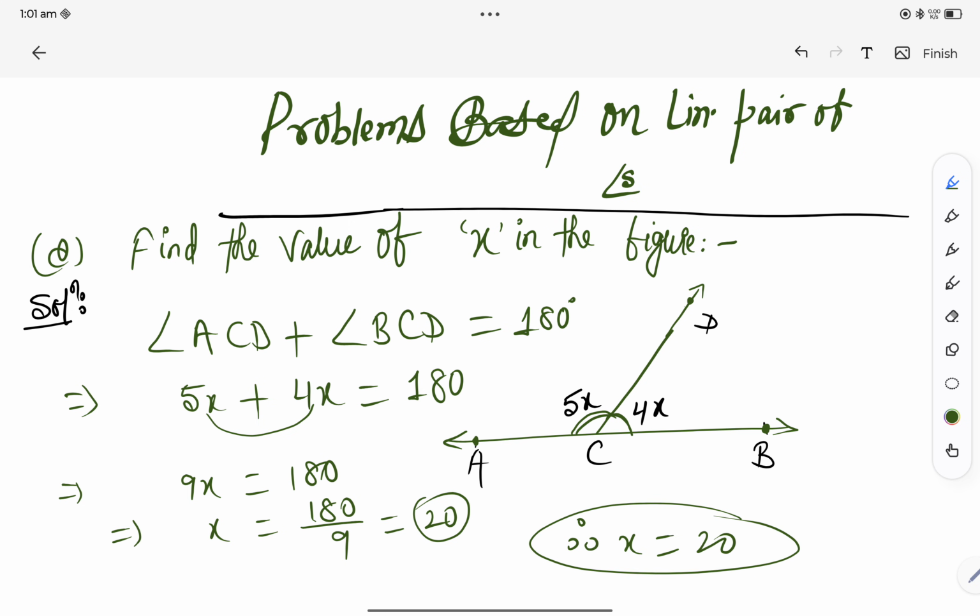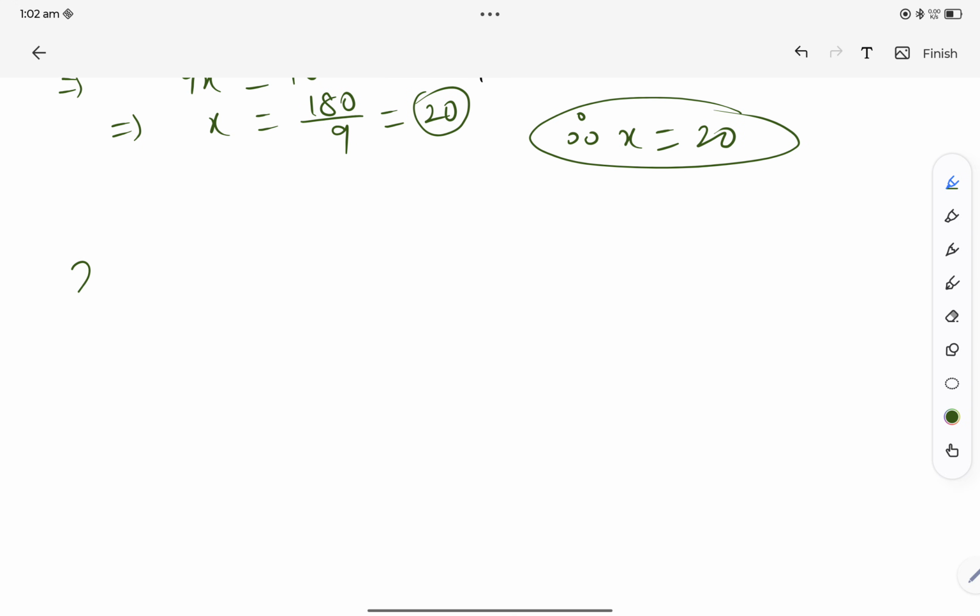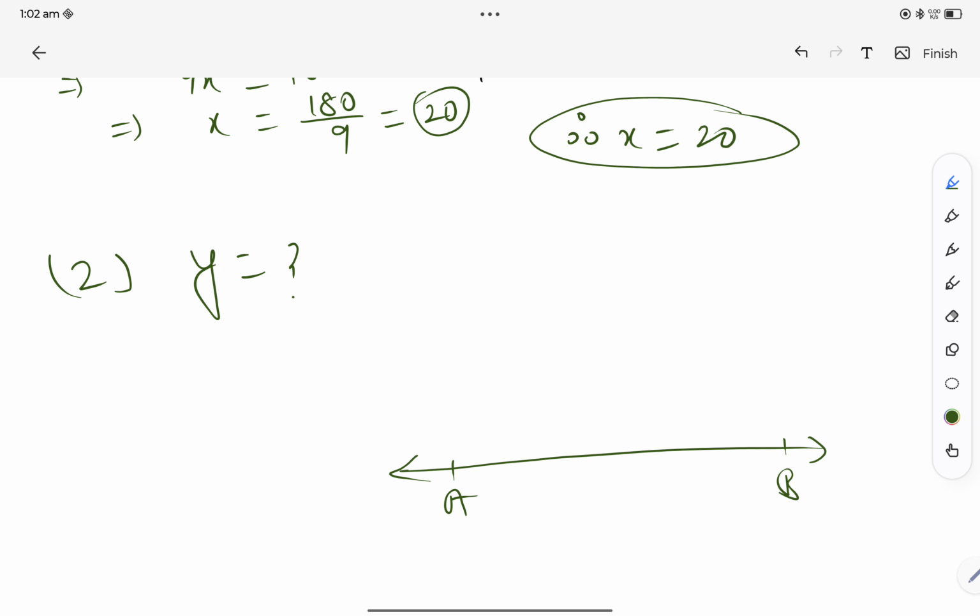तो x की वैल्यू 20 आई है। अब हम इसी तरह से एक और प्रॉब्लम लेते हैं और इस बार हम लोगों को y की वैल्यू फाइंड करनी है। और यहाँ पर हमारे पास एक फिगर दे रखा है। हमारे पास स्ट्रेट लाइन है, स्ट्रेट लाइन AB है। स्ट्रेट लाइन AB के पॉइंट C पर टू रेज स्टैंड करता है। एक रे हमारे पास CD है और एक रे हमारे पास CE है। और यहाँ दिया हुआ एंगल y है, यहाँ 2y है और यहाँ 3y है। And we have to find the value of y.